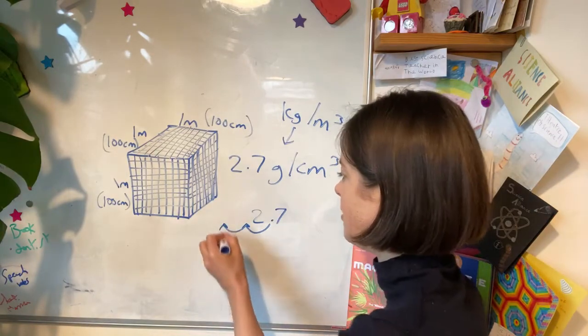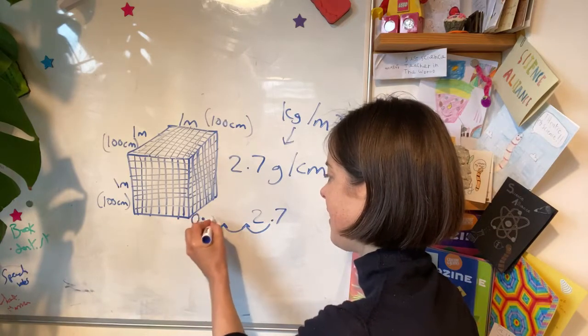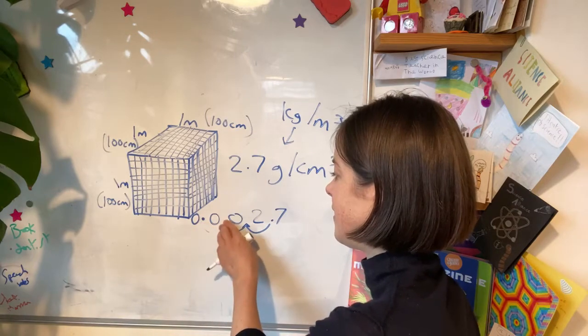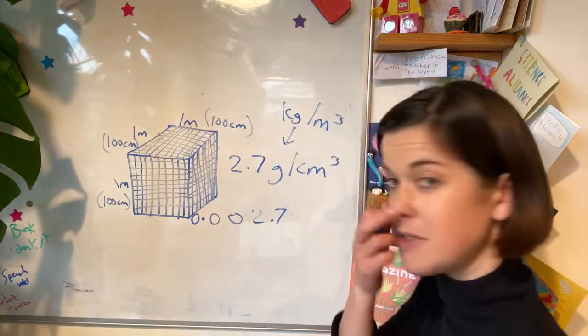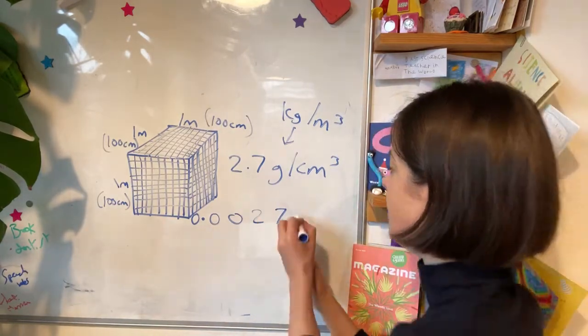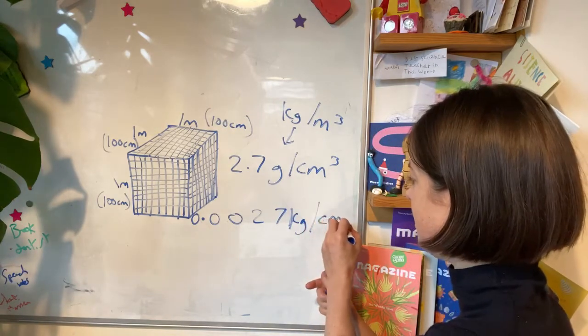Again, I've divided it by 100. And again, I've divided by 1,000. So let's put the decimal point there. Stick some zeros in. Now we've divided 2.7 by 1,000 to get it in kilograms, and we've got 0.0027 kilograms, but it's still per centimetre cubed.